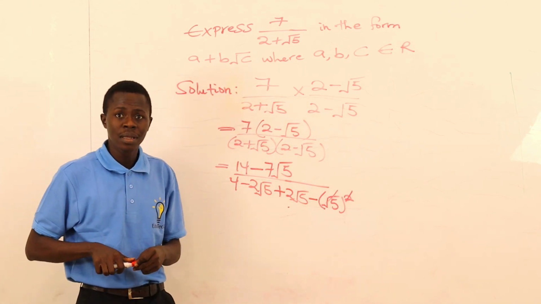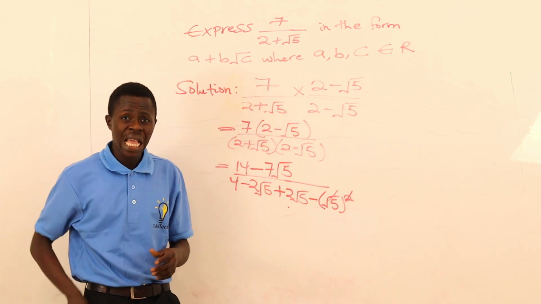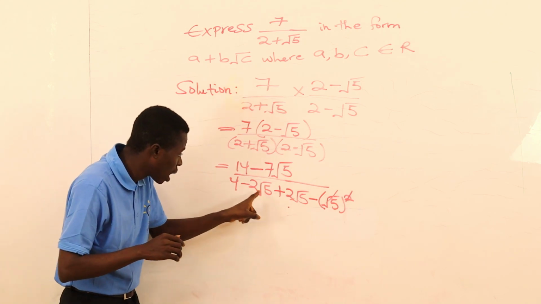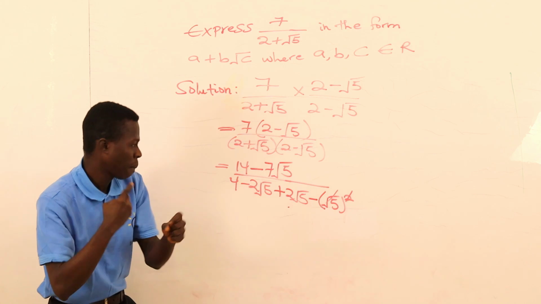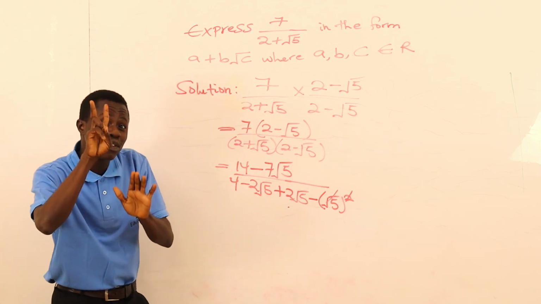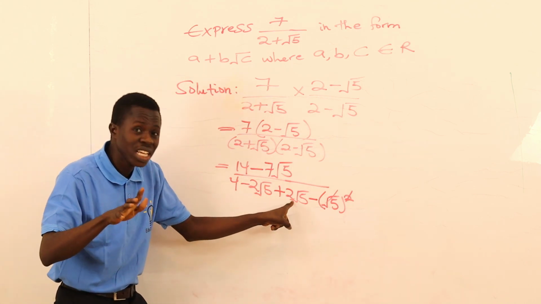You remember that when we have the square root sign and then the power 2, what do we do? It cancels out. So that's what we are going to do as well. So the power and the square root sign cancel out.